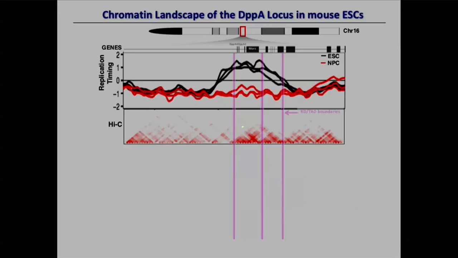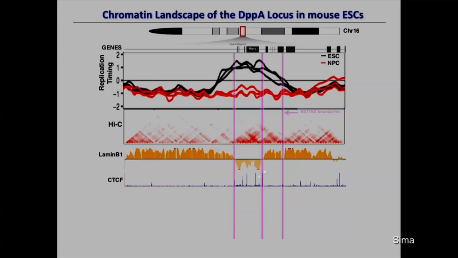It is divided into two subtypes, in which the first one is interlaminar, whereas the other one is lamina bound, as represented by Lamin B1 DamID. There are a couple of CTCF binding sites within the domain, and there's one single CTCF binding site at the border of the domain.